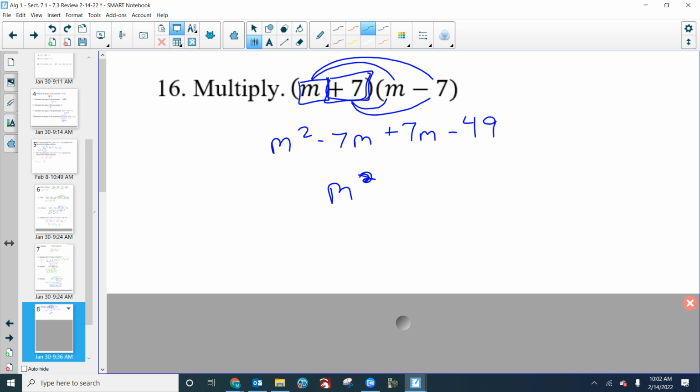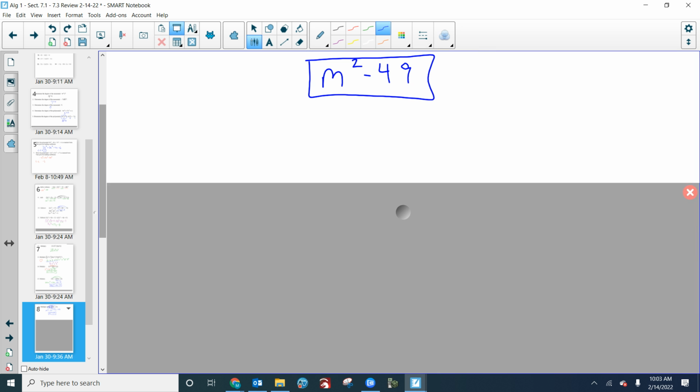The minus 7m plus 7m cancel, we get m squared minus 49, which we kind of expected because this was called the difference of squares. Same terms, one had a plus, one had a minus. They kind of cancel each other out in the middle. But you're going to leave it like that. We're not packing up yet.